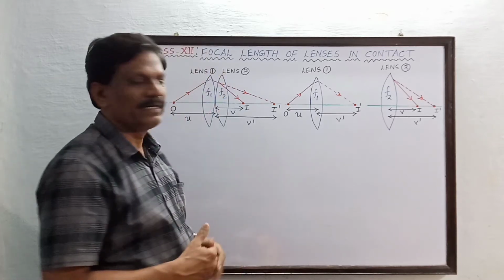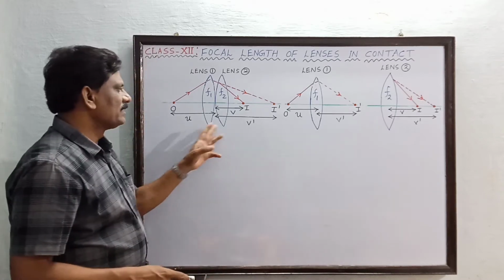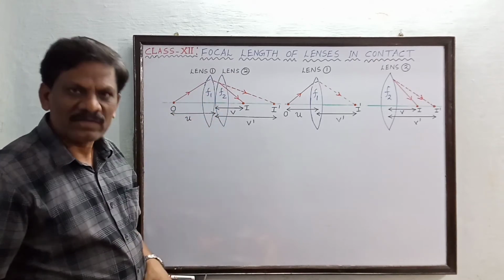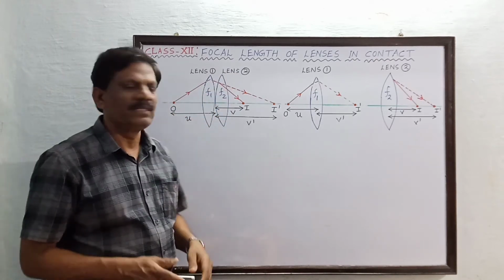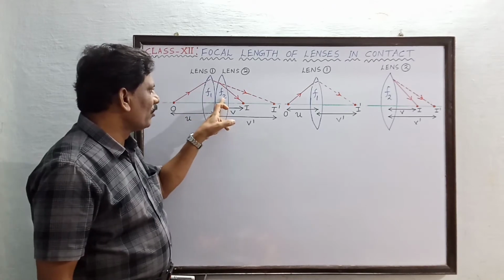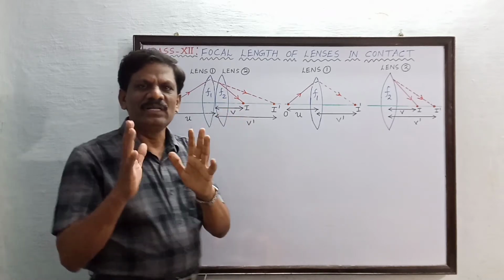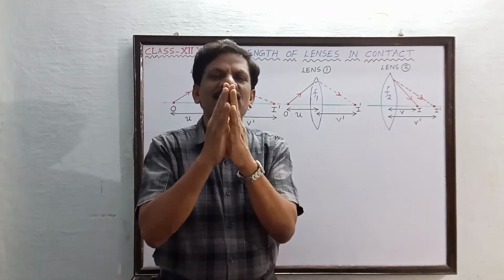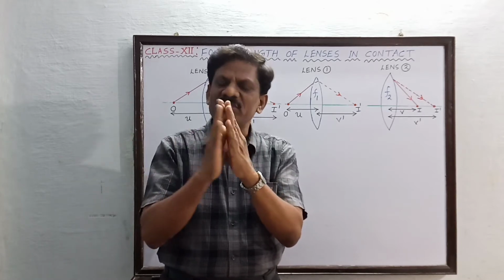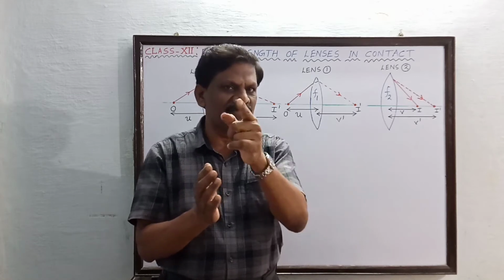Now we have taken a combination of two lenses. So both lenses 1 and 2 are kept in contact. Individually the focal length of the first lens is f1 and the focal length of the second lens is f2. Normally if you keep two lenses in contact and keep an object on one side of the combination, definitely some image will be formed on the other side of the combination.